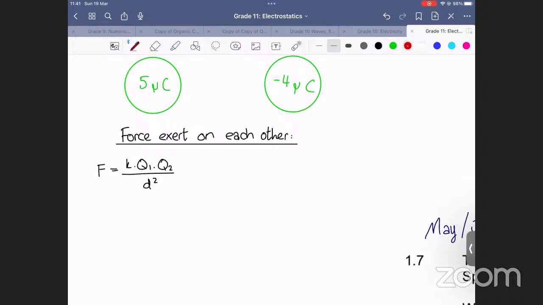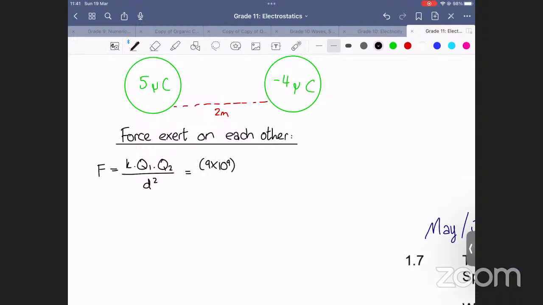Let's give them a distance. I'll just say 2 meters. I think the SI unit is meters. Let me confirm. Yeah. Okay, so this is where we substitute. K is a constant, 9 times 10 to the 9. It's given in the formula sheet.